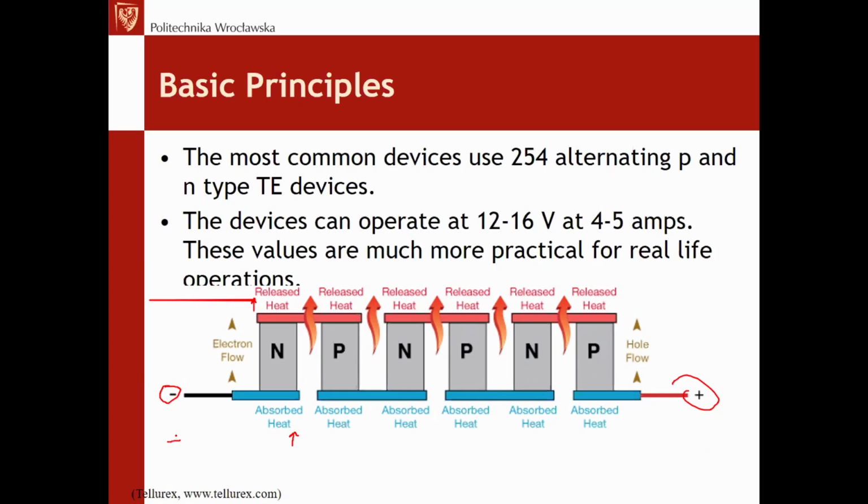But then if we modify the polarization, changing the plus to minus and minus to plus, the direction of the heat flow will change. So the heat will be absorbed on the top part and released at the bottom part. Fantastic, isn't it?